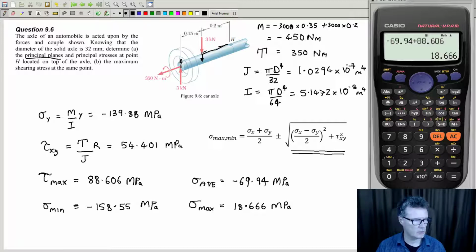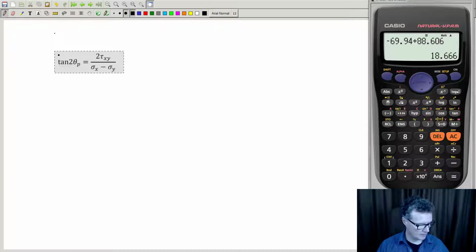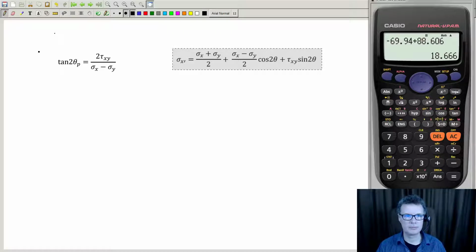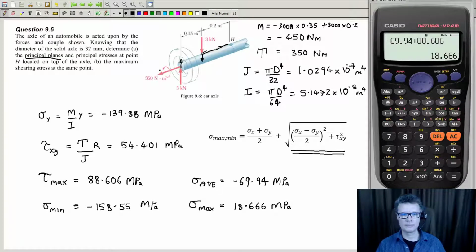So we want to use this, and we'll want to use a transformation to establish which is which, although we can probably guess.